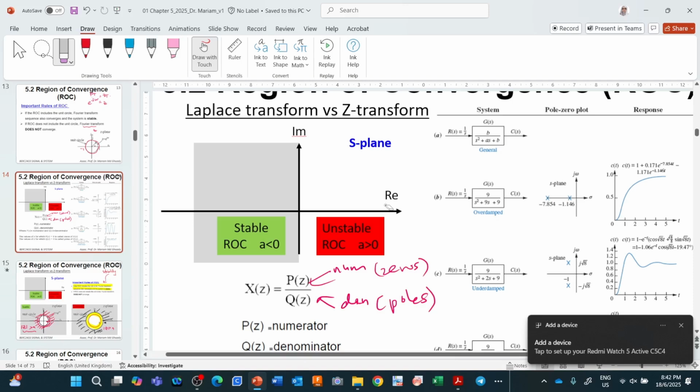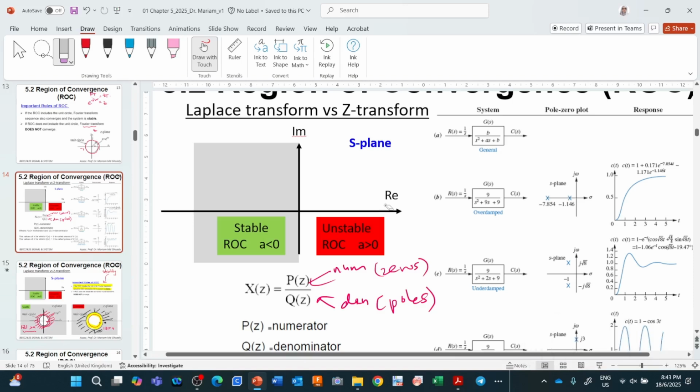So in Laplace or even in the control subject, if you remember, you plot the root locus. Have you learned that? You plot the poles and zeros on the root locus plot. When you find that it's on the left side, most of the time the system is stable. If it's on the right side, then the system is unstable.